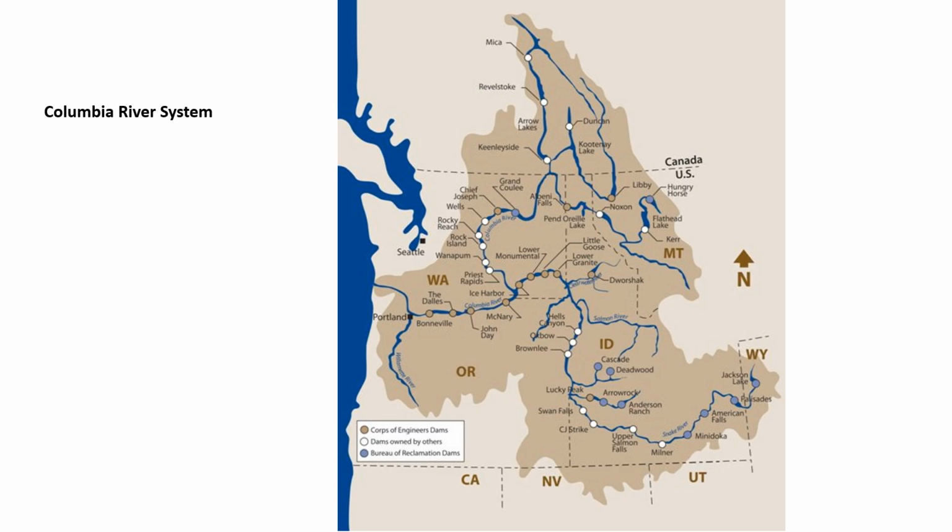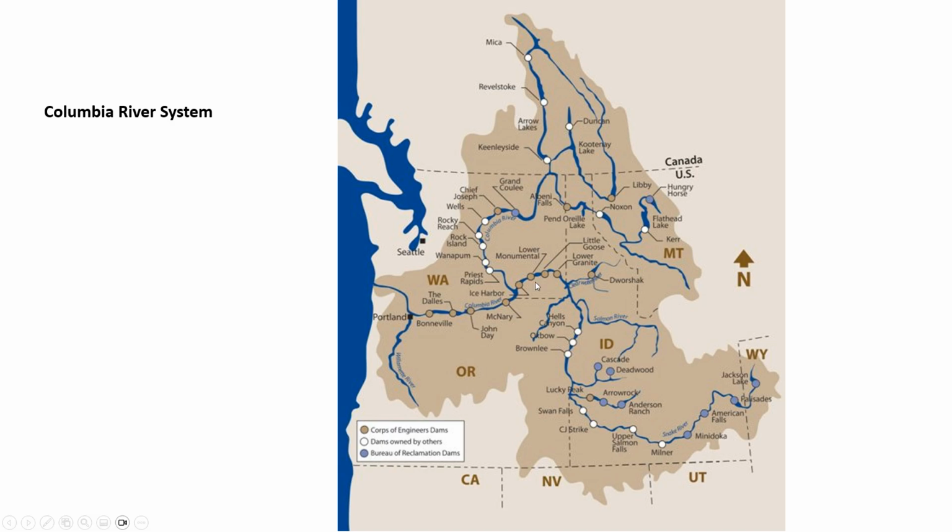One of the river networks, relatively smaller compared to the Missouri or the Ohio or the Mississippi River network, is the Columbia River system in the western part of the United States. It connects Oregon, Washington, Idaho. It goes up into Montana, Wyoming, and into parts of Canada as well.